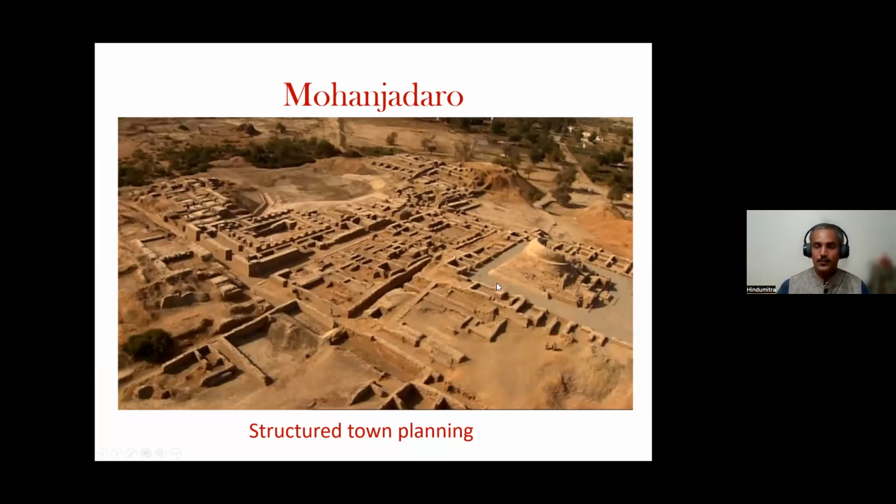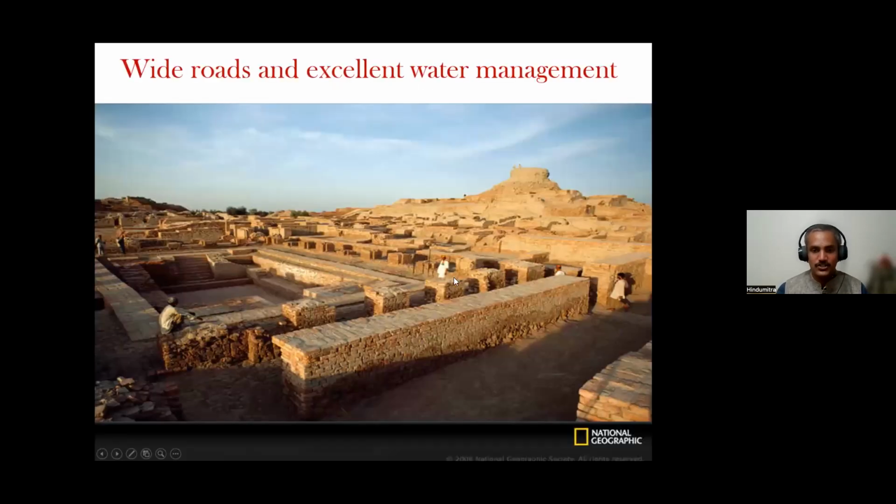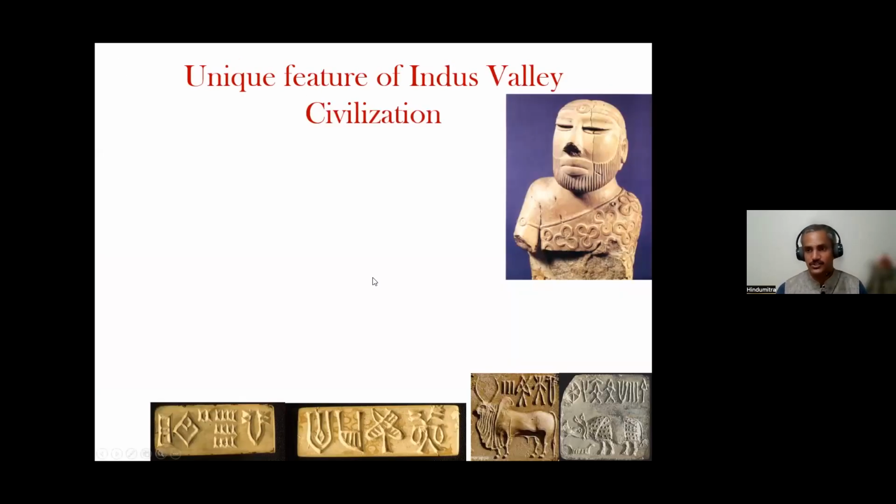There is an upper hill and a lower hill. These architectural evidences are being found, and there is also this mysterious bath, the purpose of which is still being debated, and it has various unique features compared to other civilizations.